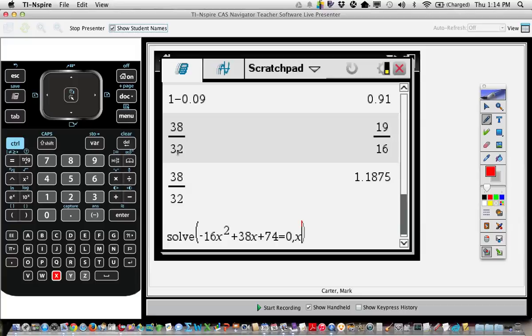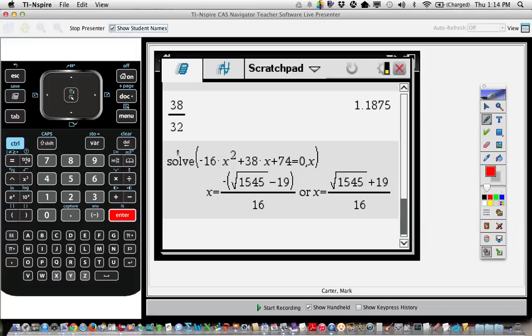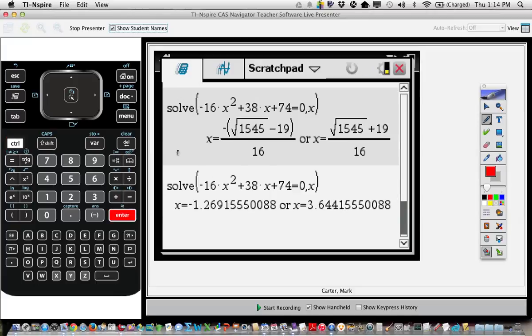Comma's down, there you go. Hit enter. You get a big messy thing like that because it would need a quadratic formula. Hit control enter. And there you go. The negative one we would throw out because that was before we threw the ball. And there it is, 3.644. That's how long the ball was in the air because that's when the height was 0.